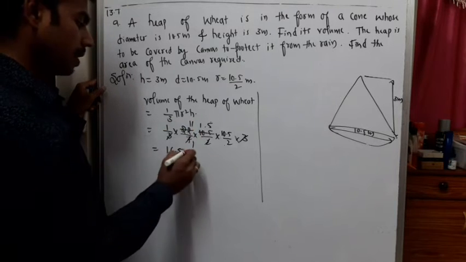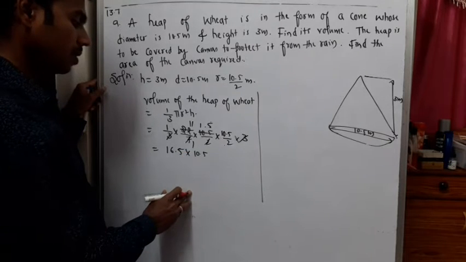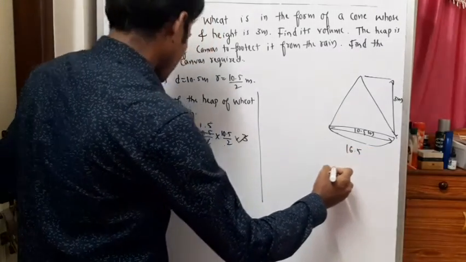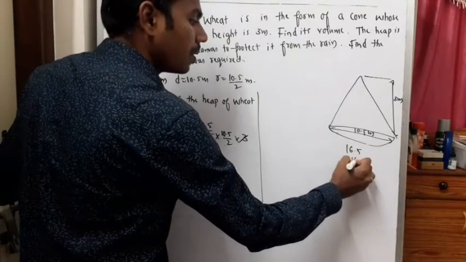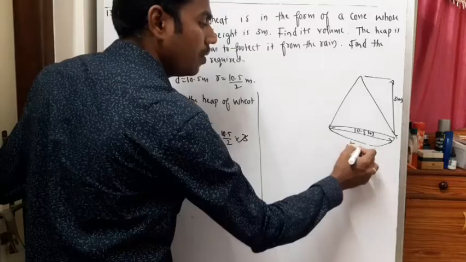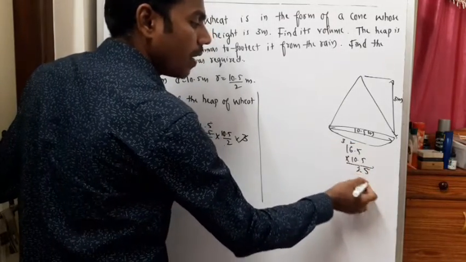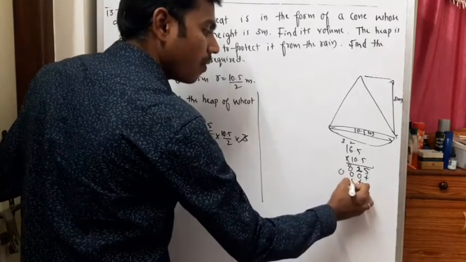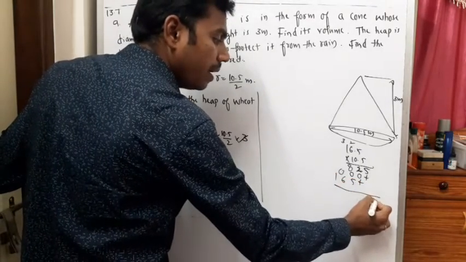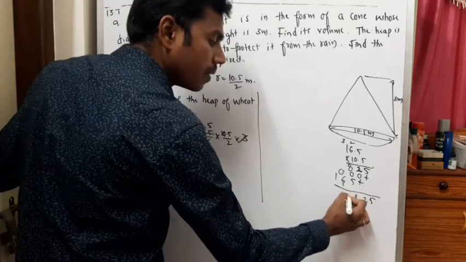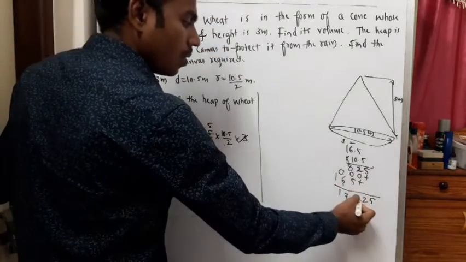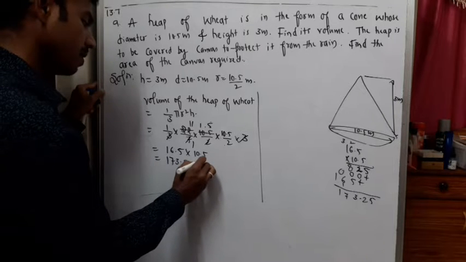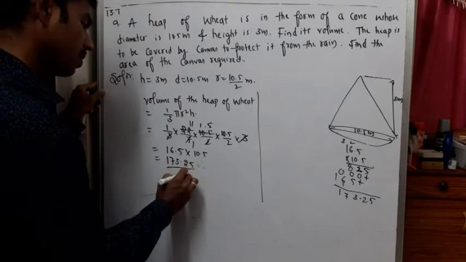Now into 10.5. 16.5 into 10.5. 5 5s are 25, carry 2. 5 6s are 30, 32, carry 3. 5 1s are 5 plus 3, 8. 0 0 0 plus 5 6 1, 5 2s are 13, 7 1, that is 173.25 meter. So 173.25 divided by 2 meter cube.